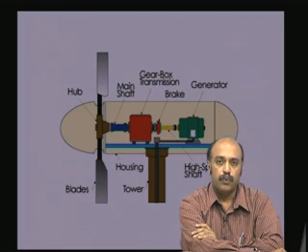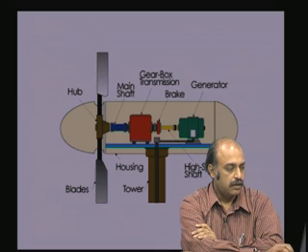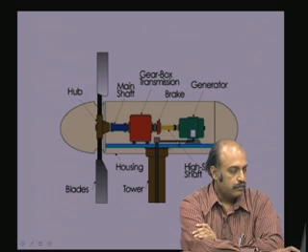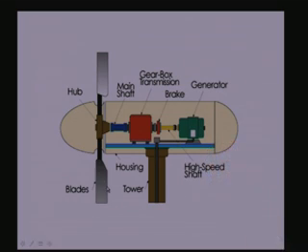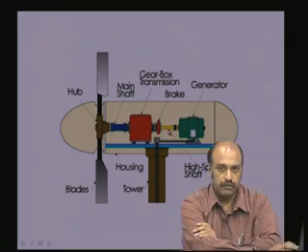The wind generator looks something like this. You see here the blades, which are the ones in contact with the moving air; the kinetic energy that is stored in the air is given to the shaft through the blades. Now, these blades are connected to a shaft here. It goes through a gearbox, because this shaft will be rotating at a different speed and the generator will have a shaft rotating at a different speed.